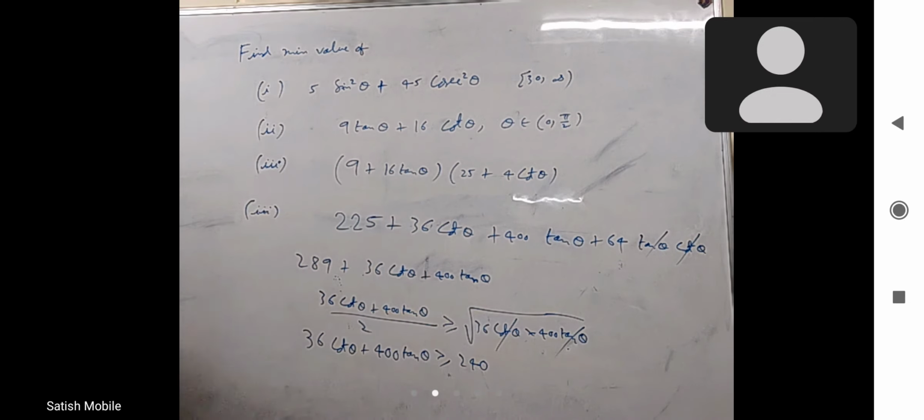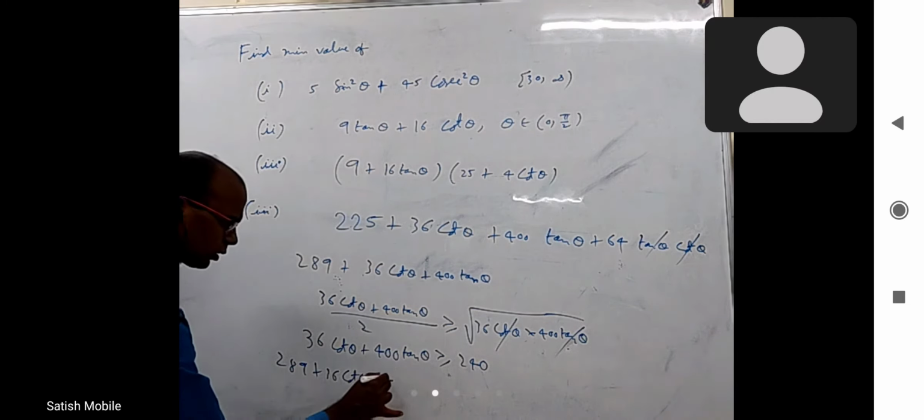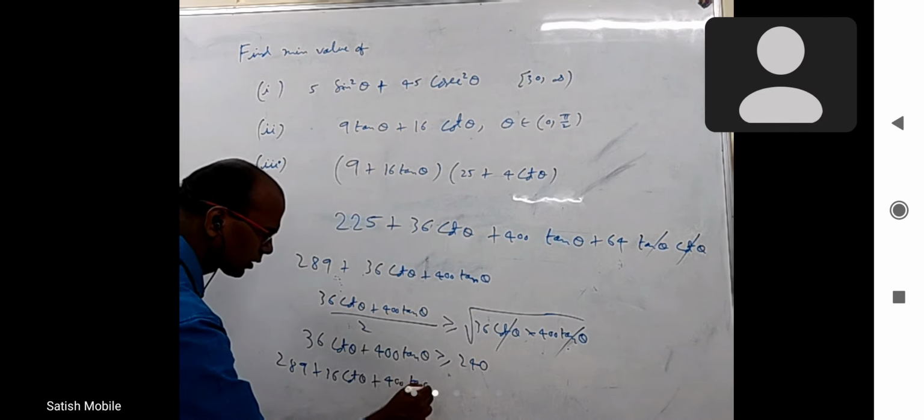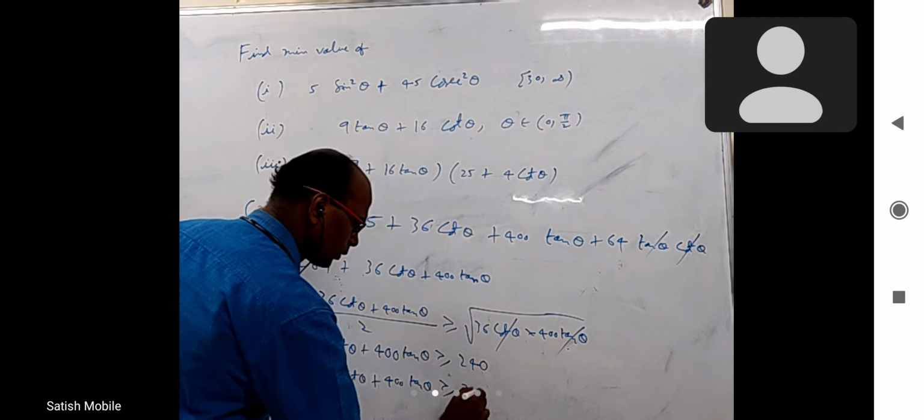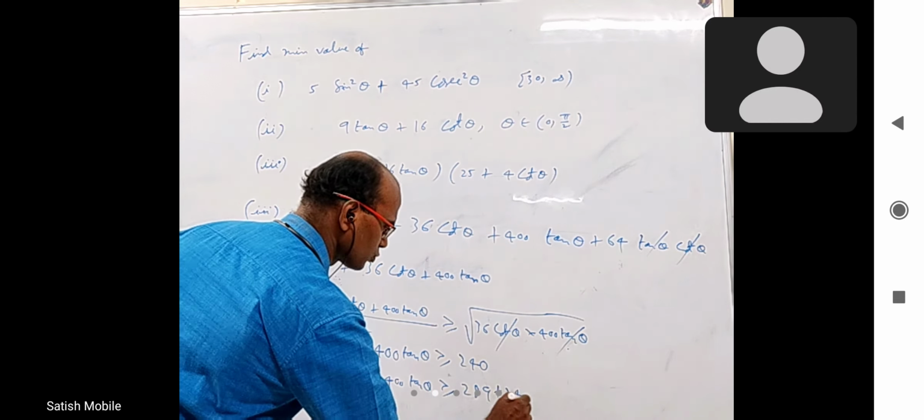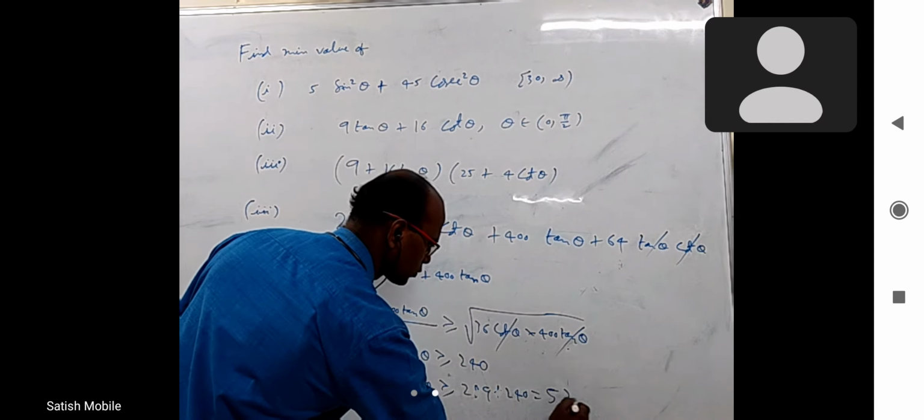Now I add 289 on both sides. So I am getting 489. Oh, sorry, 529. So now add 289 on both sides. 289 plus 36 cot theta plus 400 tan theta is greater than or equal to 289 plus 240, which is 529.